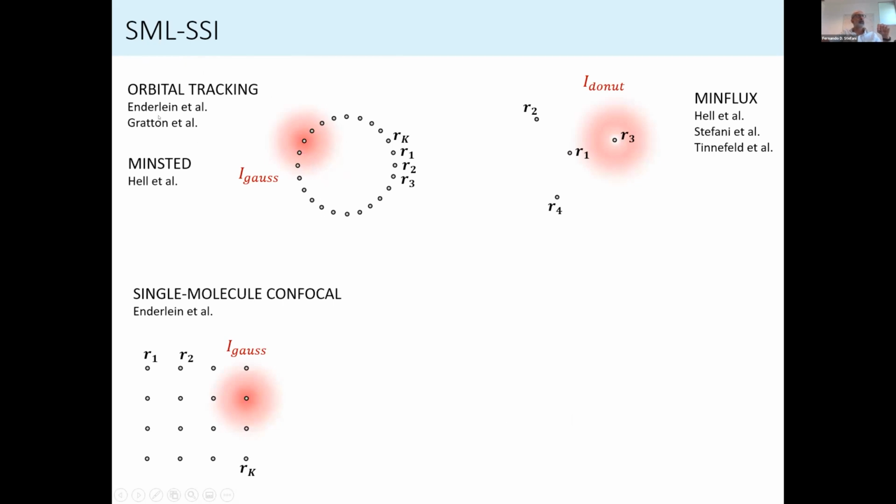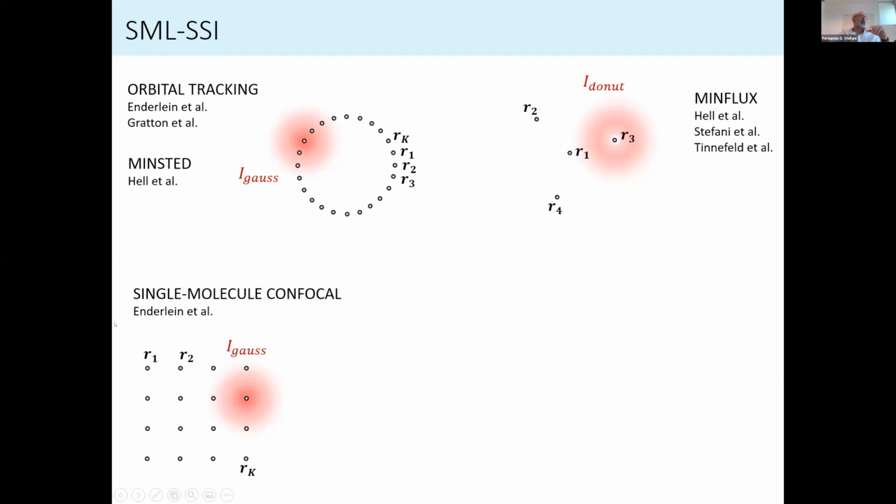This method was first proposed theoretically by Jörg Enderlein and first demonstrated experimentally in the group of Enrico Gratton. Very recently, an apparently totally unrelated technique called MINSTED was shown by the group of Stefan Hell, but we can think of MINSTED as an orbital tracking experiment using a subdiffraction effective PSF.